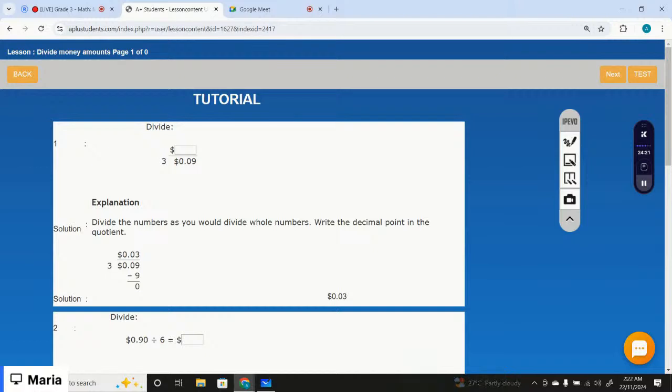You have to divide exactly the same way you divide the numbers, that is 0.09 divided by 3. So which is the correct option?